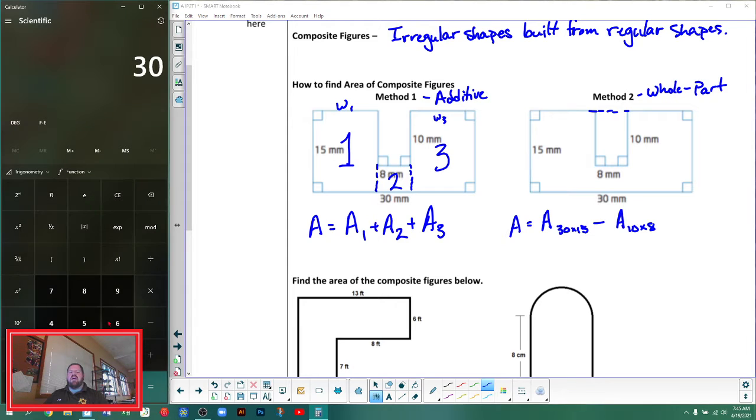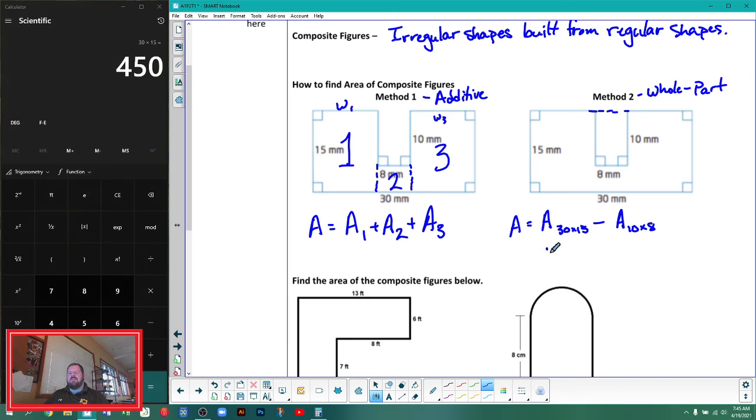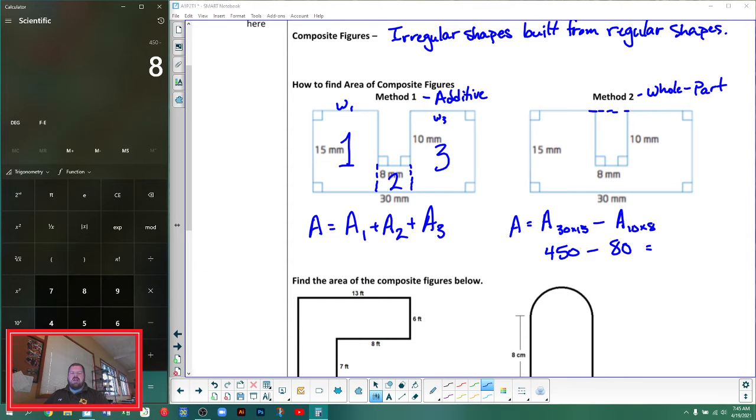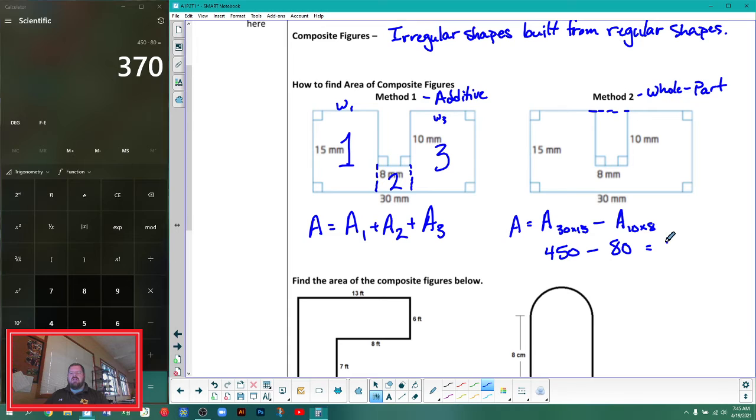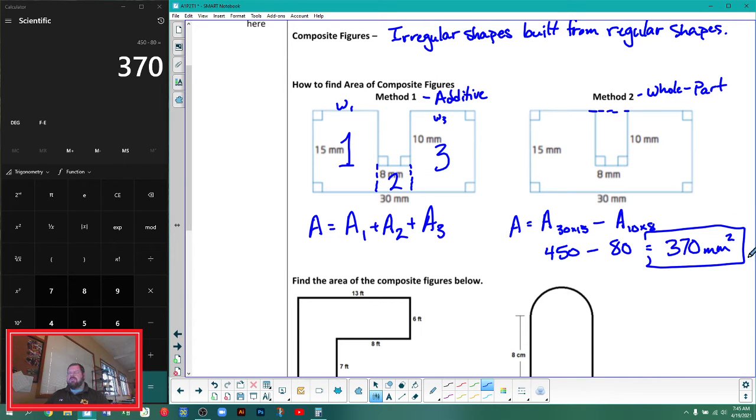I have 30 by 15 in the whole rectangle, which is 450. And in the small one, I have 10 times 8, which is 80. So when I subtract 80, I get 370, and those are millimeters squared, because we're dealing with area.